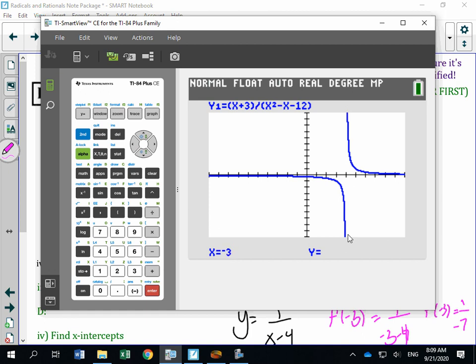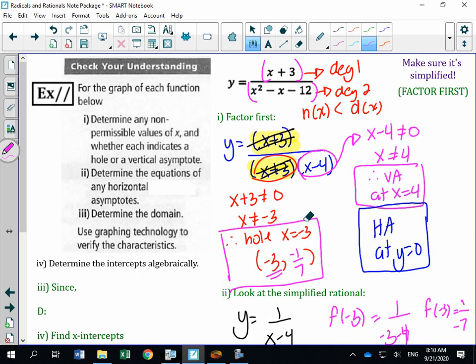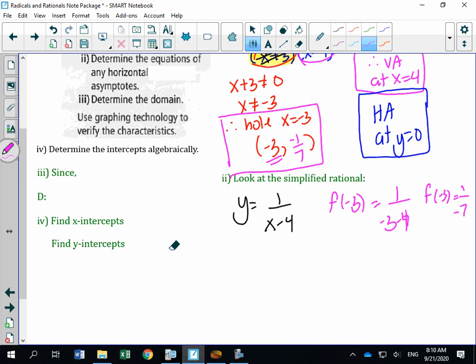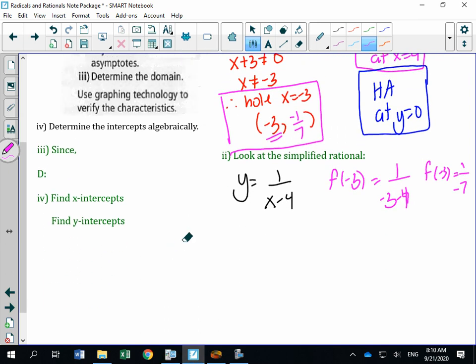So x could be any number except negative 3, and it also cannot be 4. So I would say x is such that x cannot be equal to negative 3 or 4, but other than that, x belongs to the set of real numbers. That's how I would do the domain.